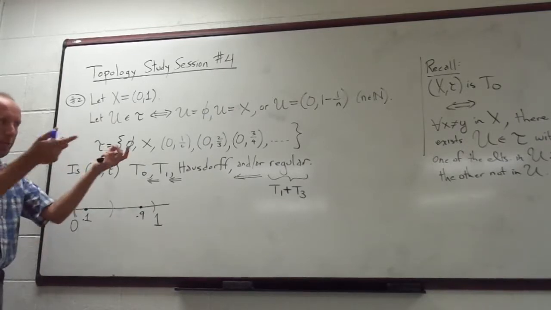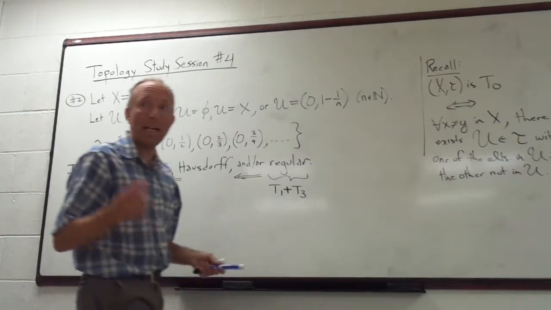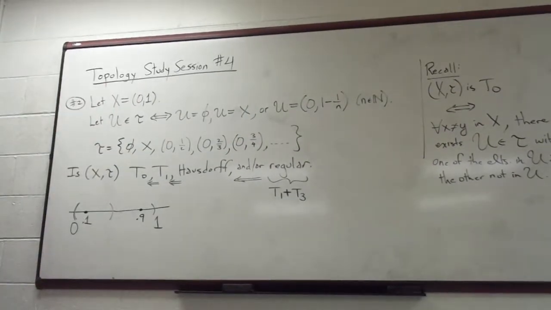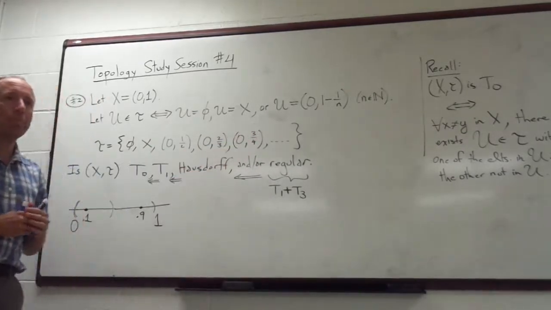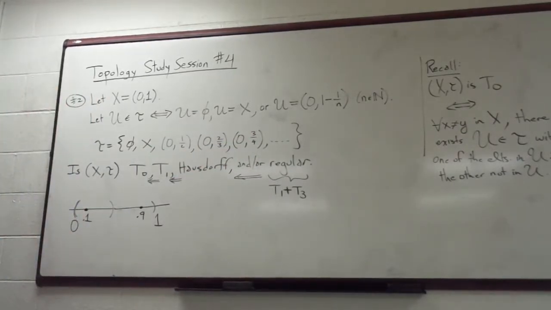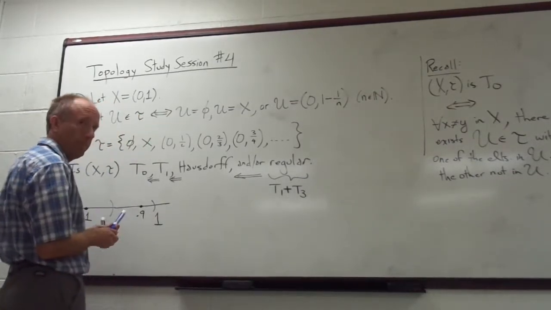So for those 2 points, we can do it. The question is, for all distinct points, if I take any two different points, will I always be able to find one of these that I can separate the 2 points with? That's not true. You don't think so? It's not for all of them.